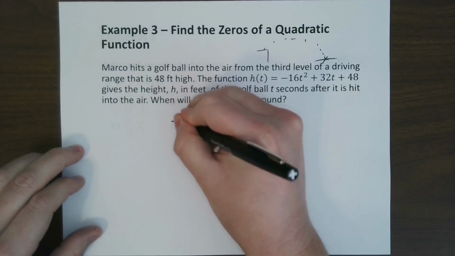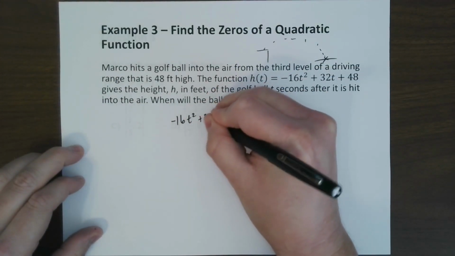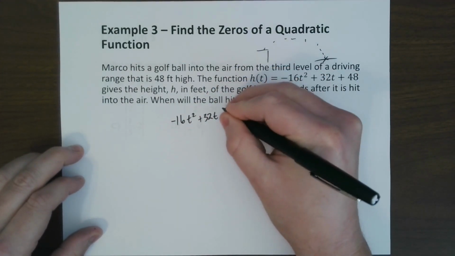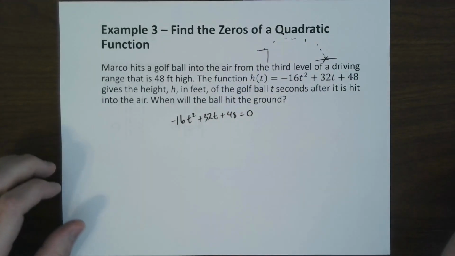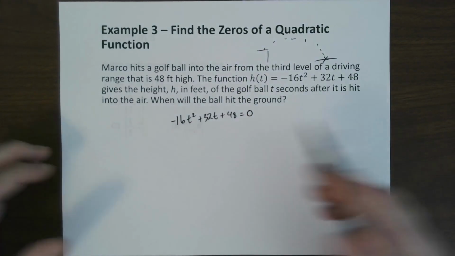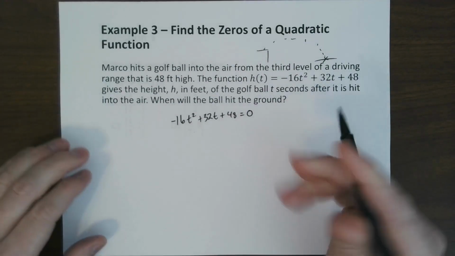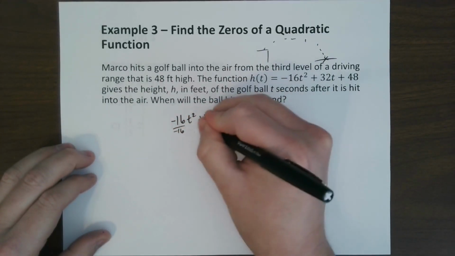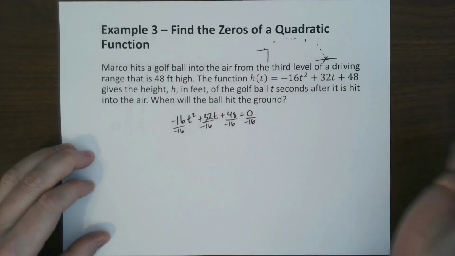So negative 16 t squared plus 32t plus 48 equals 0. If you notice, each of these is divisible by 16. And since we have negative 16, we're going to divide it all by negative 16. So this by negative 16, this by negative 16, this by negative 16, this by negative 16.